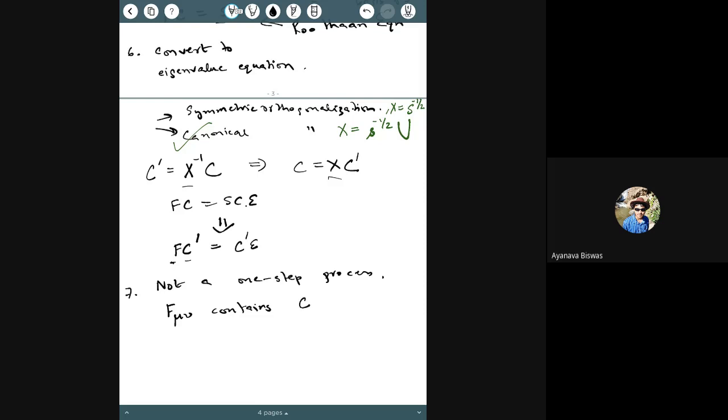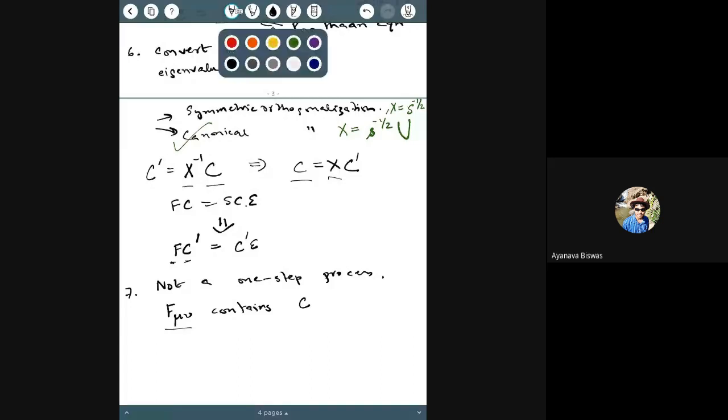So once you get C', you need to back calculate to get C and then construct a new F mu nu. So here the matrix form of the operator depends upon the eigenvectors of the equation. So it depends on the solution of the equation.